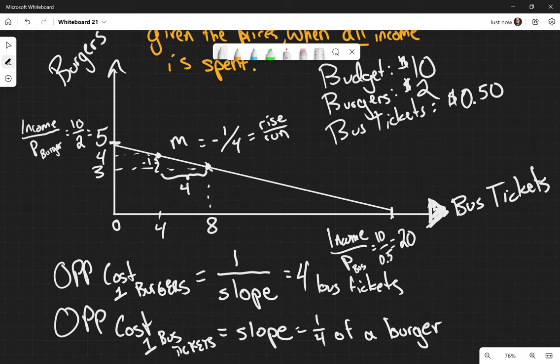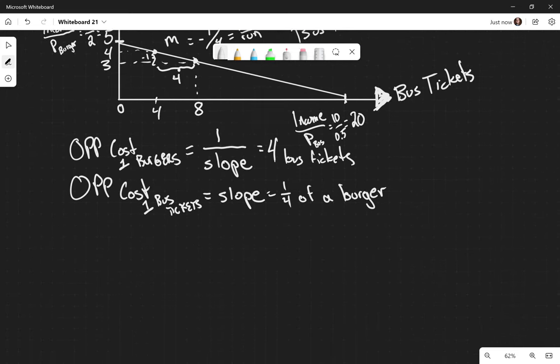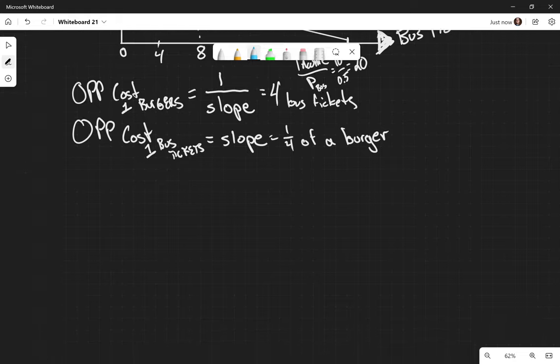All right. When we're talking about decision making in economics, we are going to be talking about something called marginal analysis.